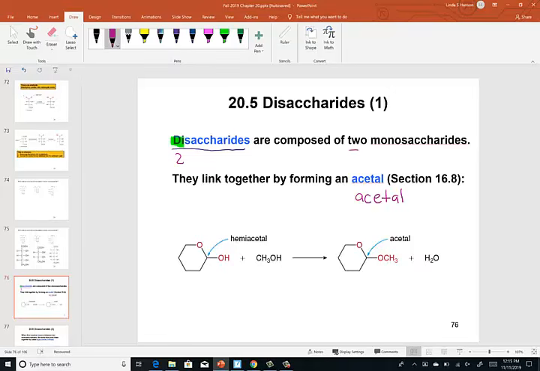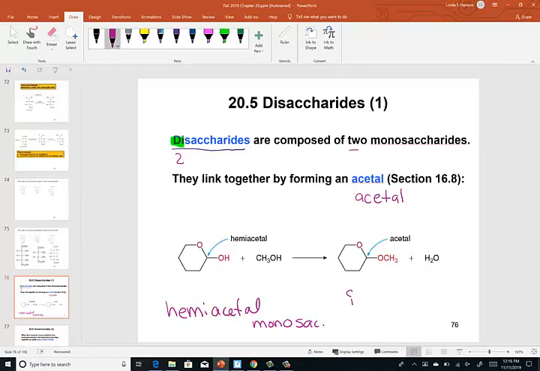Now remember, we talked about a hemiacetal in the previous lesson. A hemiacetal was the linkage used in a monosaccharide when we changed it from the long chain backbone into a cyclic structure.